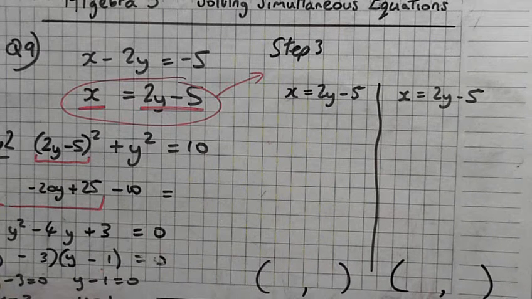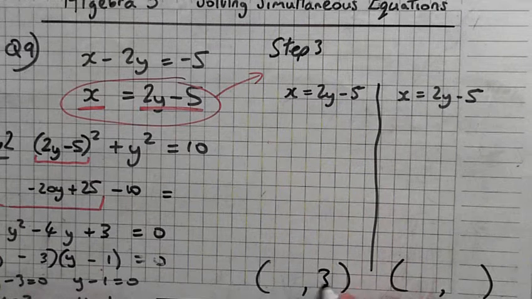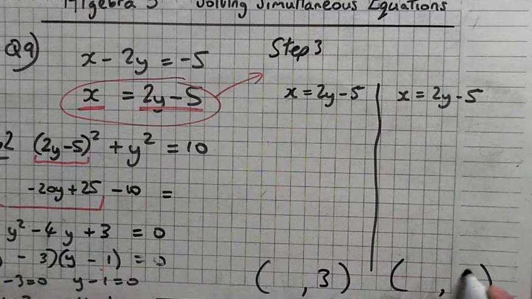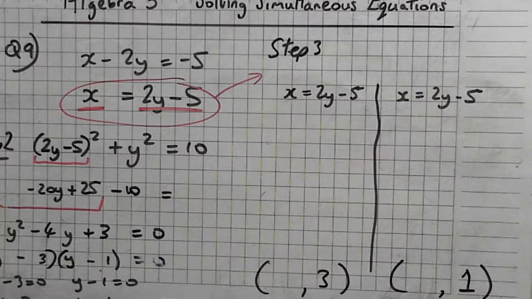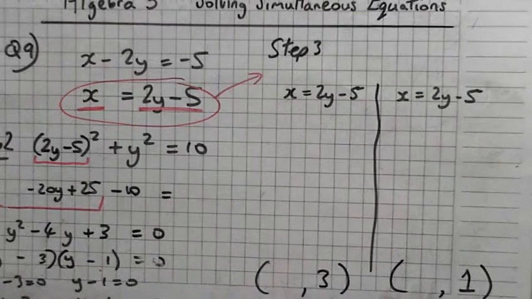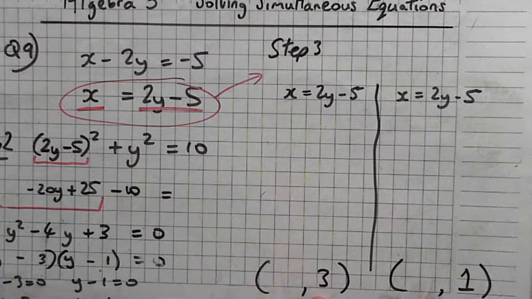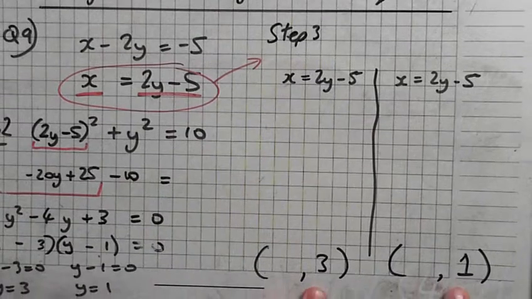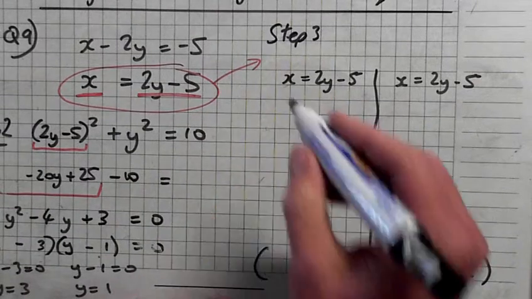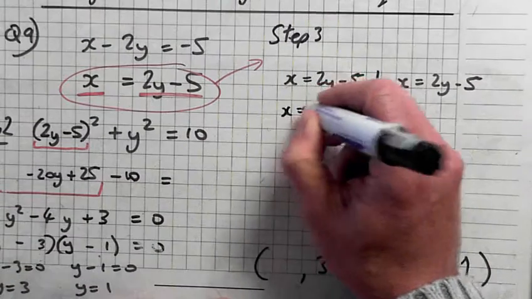So that's the x and that's the y. So we have 3 and 1. We have half the information. Right, so 3 is the y value on this side.